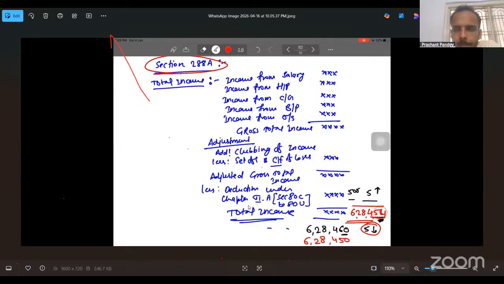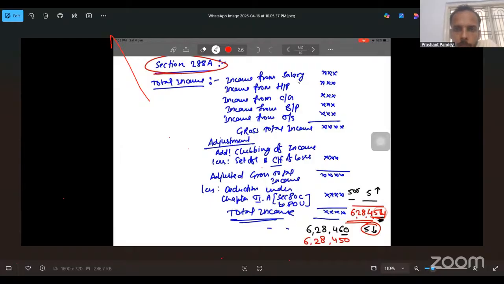Once the deductions are reduced, we derive the total income. So see, first we need to sum up all the different means of income. Once we sum up all the different means of income, we get the gross total income.